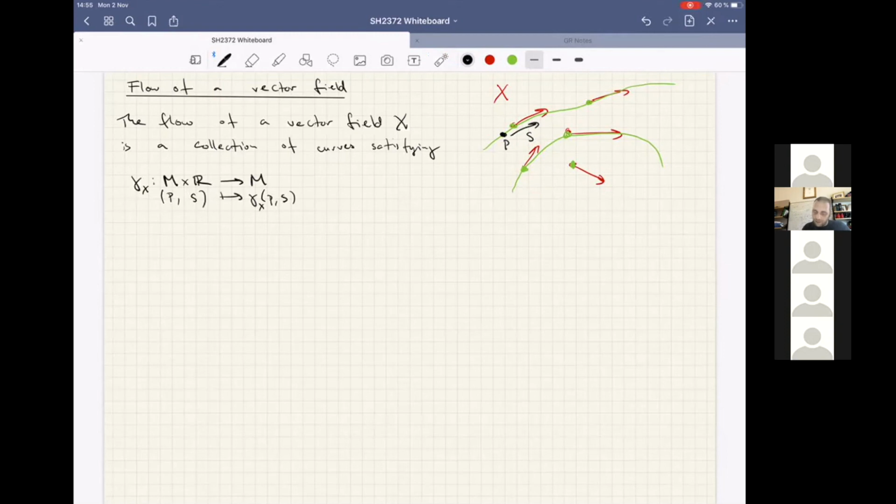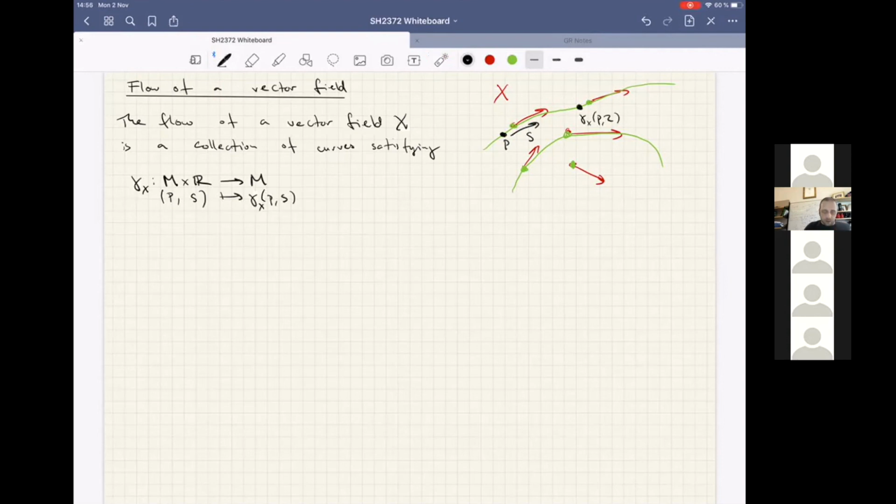So if I take the point p here and I say I want to follow the flow of X for a parameter value of 2, maybe I end up here, and this point here would be gamma X of p and 2, because it's what I get when I follow the flow of X for a curve parameter value of 2.